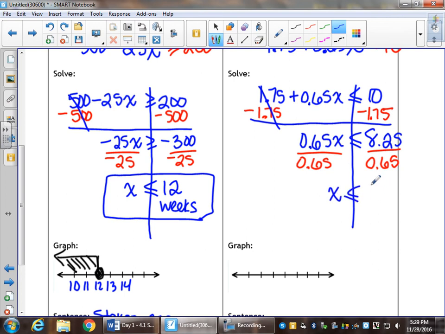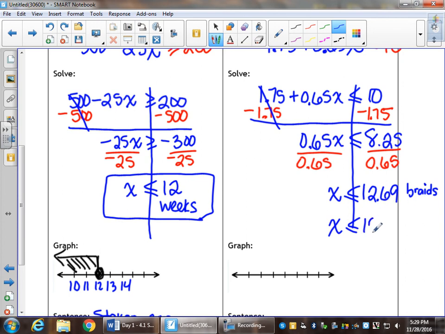X is less than or equal to 12.69. Now, this is the math answer. The real world answer would be, interesting question. So technically, remember, this represents braids. So what do you actually have the money for? Well, nobody gets 0.69 of a braid.